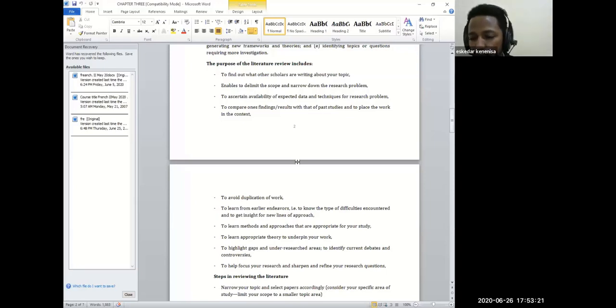You simplify your task in the next processes, and it helps us to see the availability of the data.